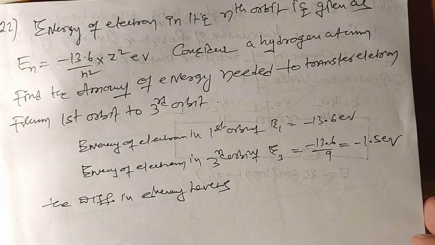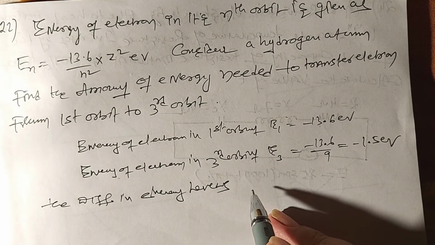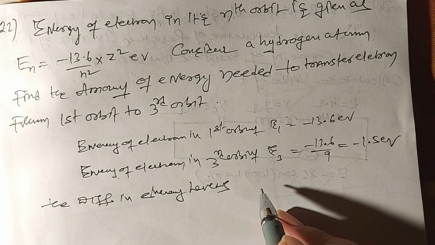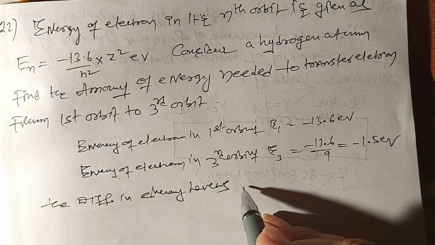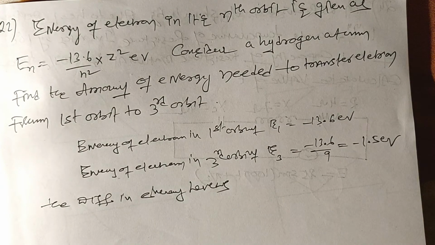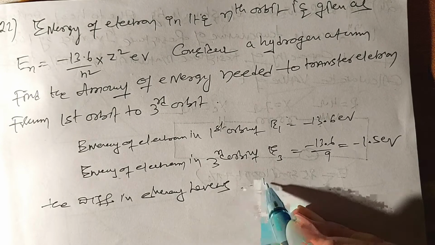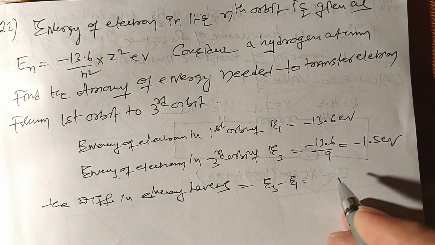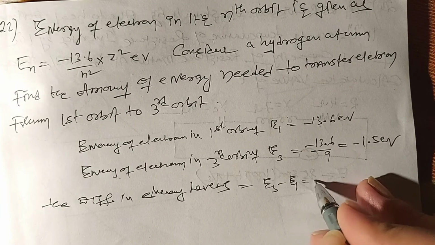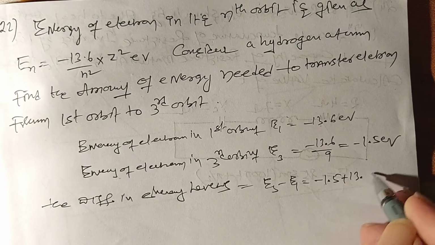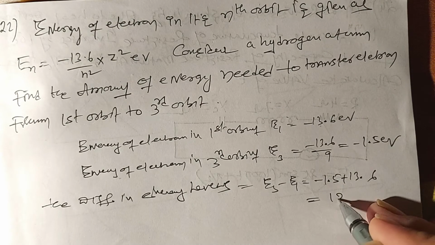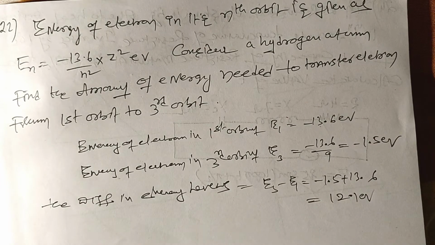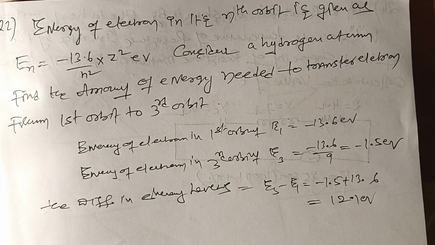So what we get here, the difference in energy levels means E3 minus E1, that is equal to minus 1.5 plus 13.6, that is equal to 12.1 electron volts. This is our answer.